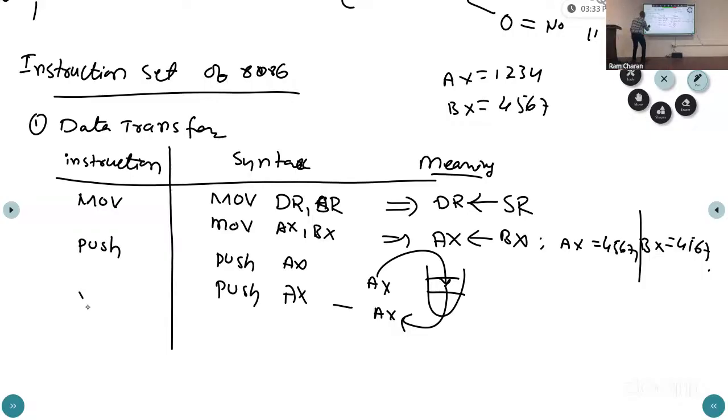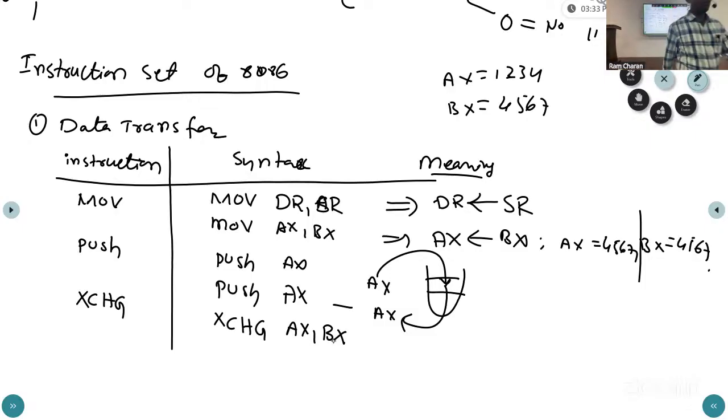And one more, XCHG. The syntax of this is XCHG AX, BX. Anybody can tell me the meaning of XCHG? Exchange. Exchanging the content of BX as well as AX.